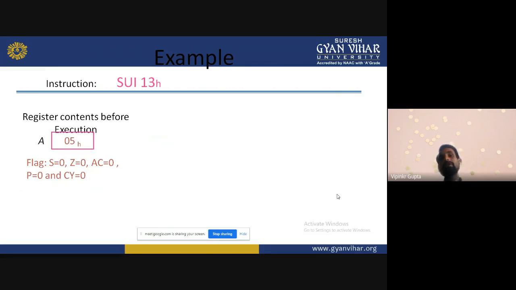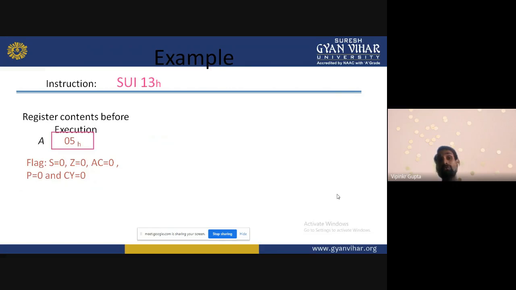Suppose that I am writing one program: MVI A, 05H, SUI 13H, and then HLT.